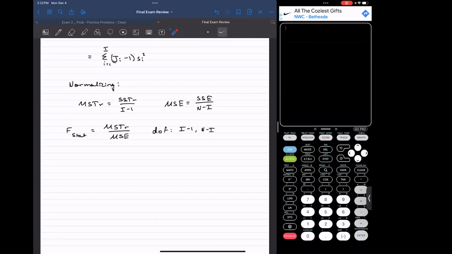And for degrees of freedom, it's our numerator and denominator. So I minus 1 is our numerator, n minus I is our denominator. And then you can use FCDF to find the probability at the end.